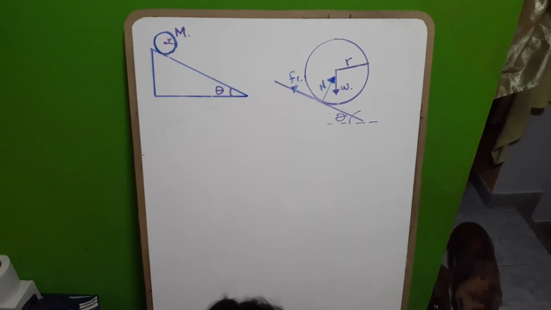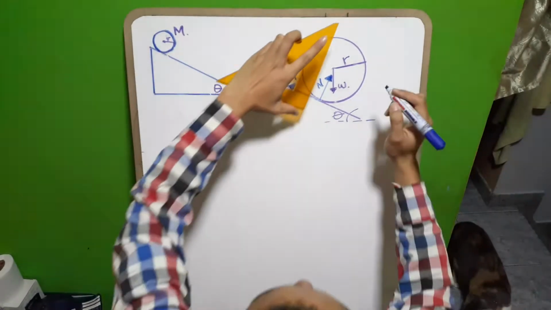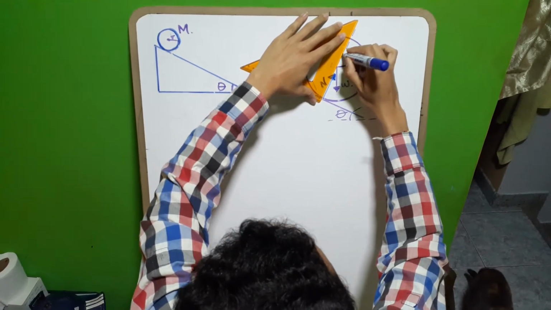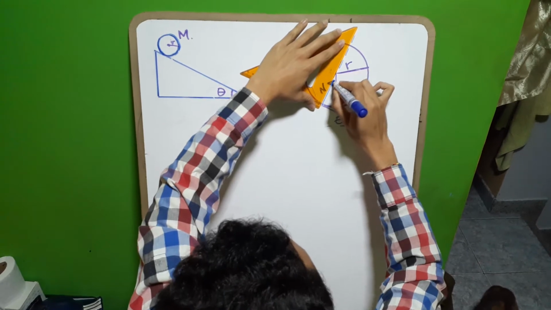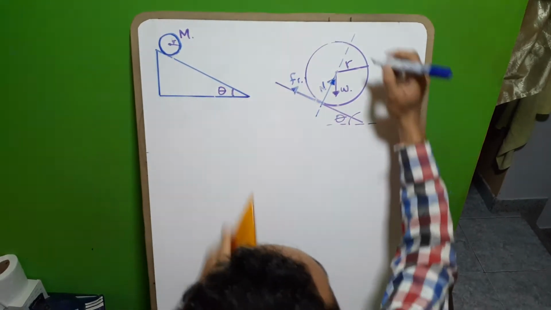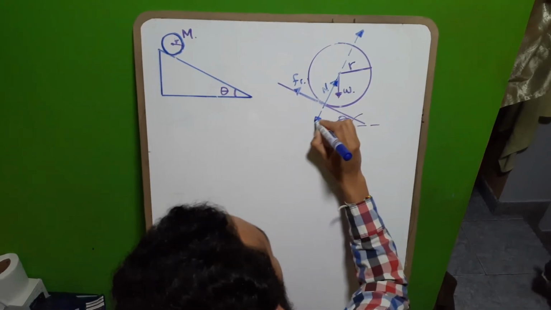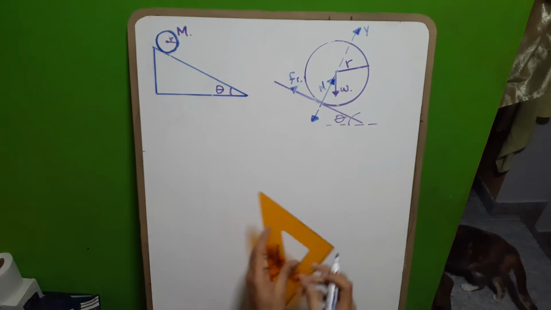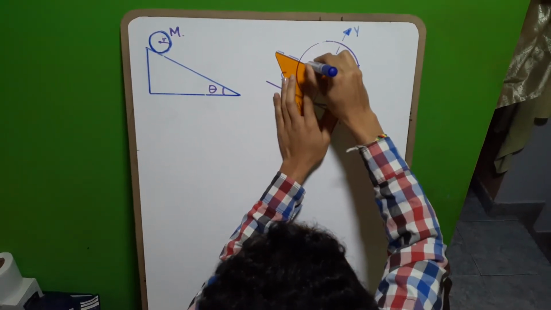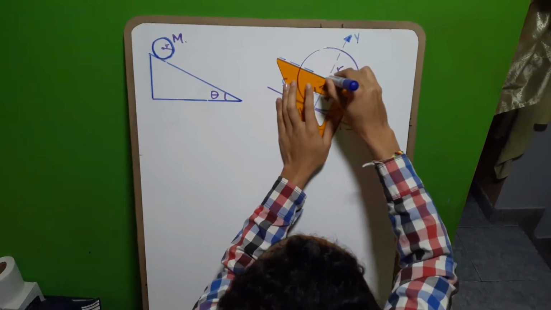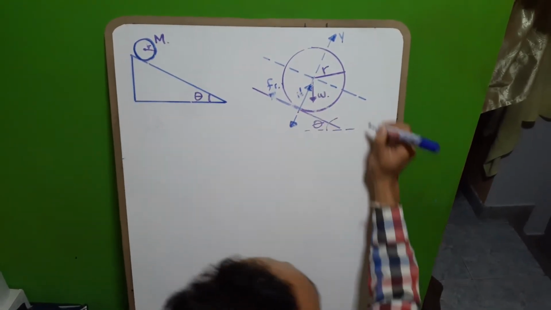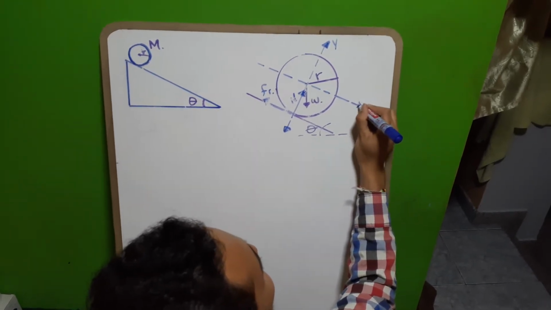Next point is to propose a reference system. This is axis y, and this is x.